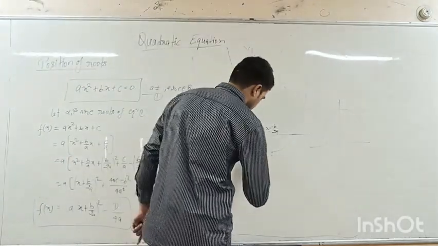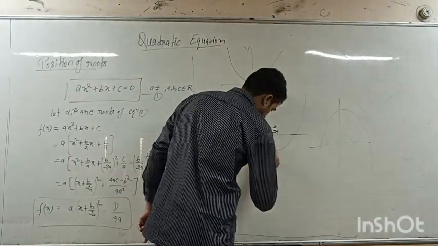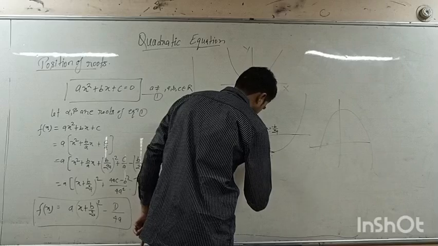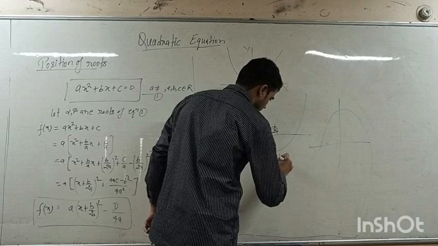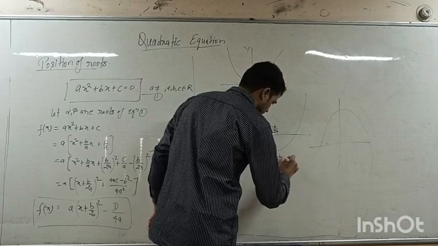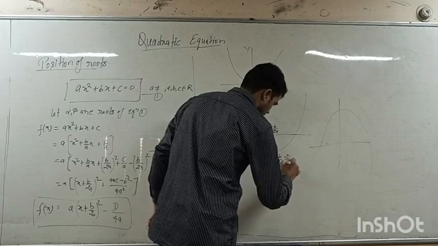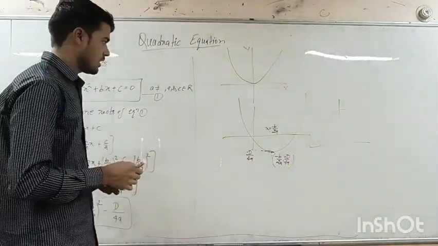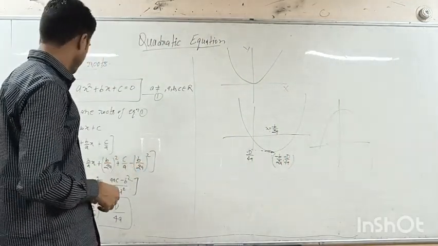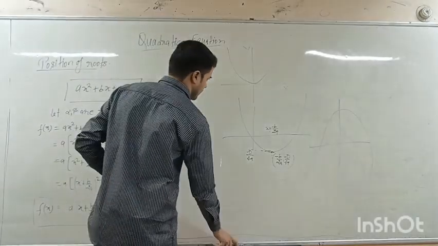So what will be the value of y here? It will be minus D by 4a. So this point will be minus b by 2a and minus D by 4a. We will remember that this will help us in positioning the roots of a quadratic equation.